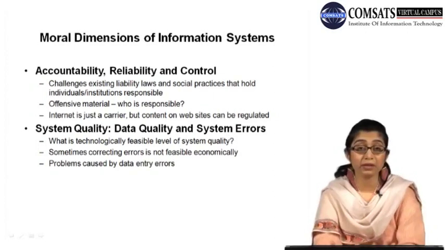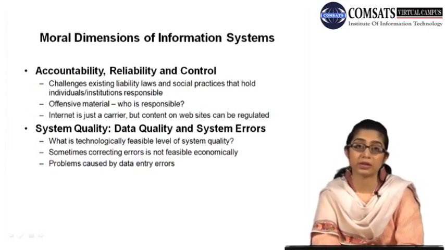So this again raises a lot of ethical questions: if you are bringing an information system to market, giving it to users to work on, then at what level should it be perfect? How are you going to define that the information system being used is the perfect solution and it's not going to create any kinds of errors?